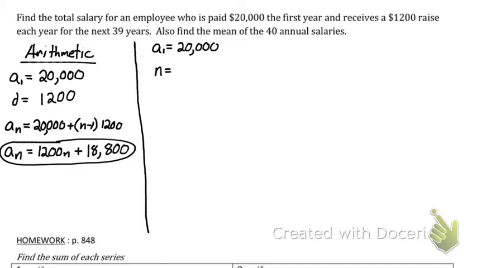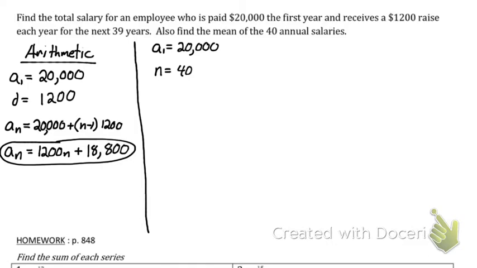But what is our n value in this one? How many total terms are we going to have? Yeah. 40. We're going to have 40 of them. 40 salaries. Our n is going to be 40. Do not be thrown off by this 39. They get paid their first year, and they get 39 raises. This is, once again, you have 39 steps, which means you have 40 terms. Okay, so our n equals 40.